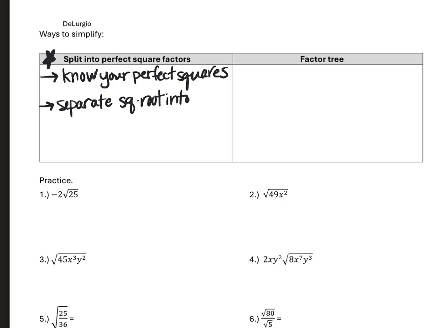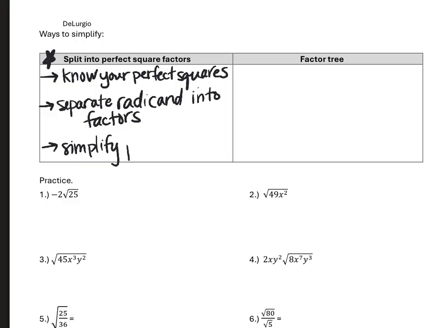So separate the radicand into factors, and then simplify the perfect squares. Like I said, this is my favorite way to do it, and this is how I'm going to show you, because I think generally it makes more sense.